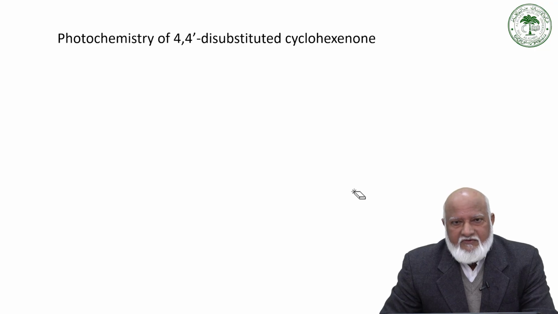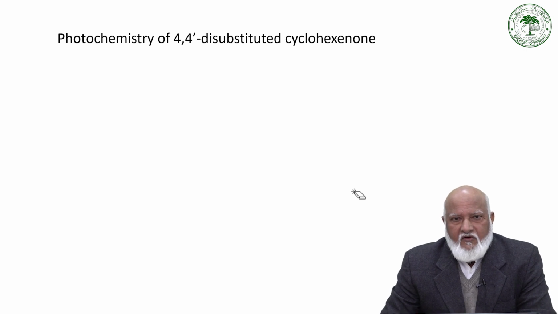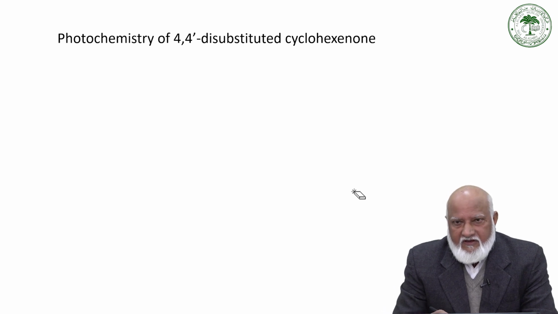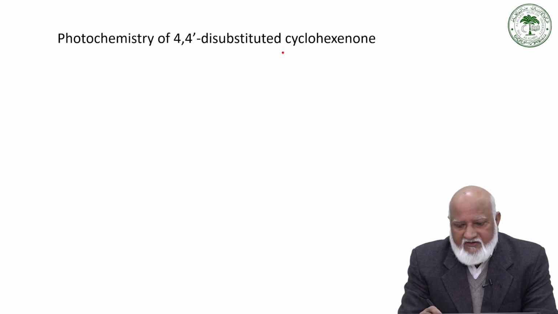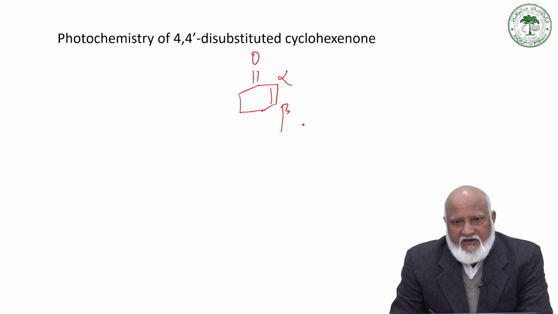So today we would like to discuss the photochemistry of 4,4 disubstituted cyclohexenone. This is an alpha beta unsaturated, six-membered cyclohexenone system.